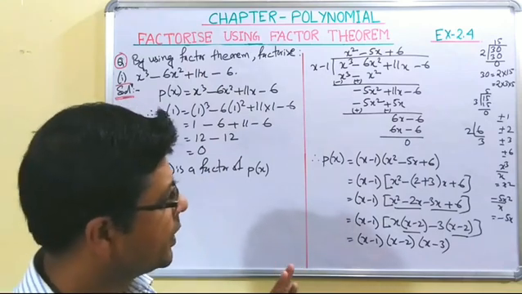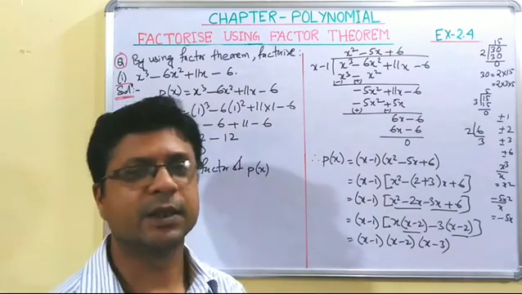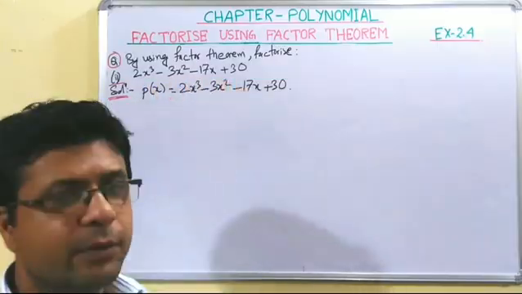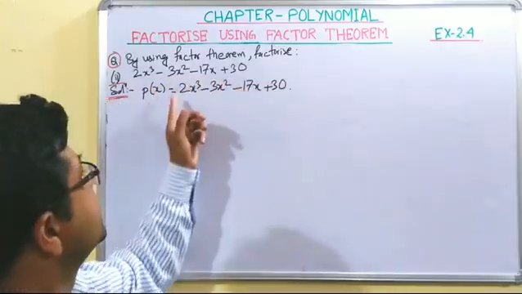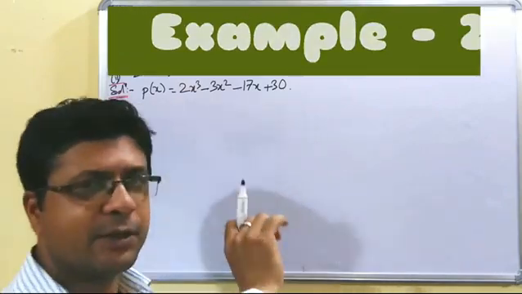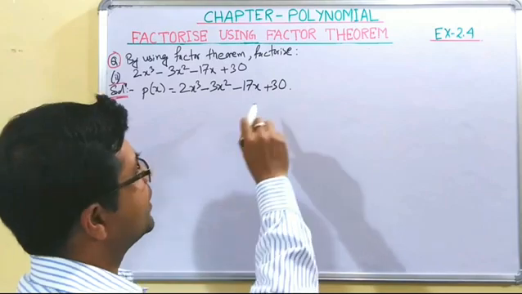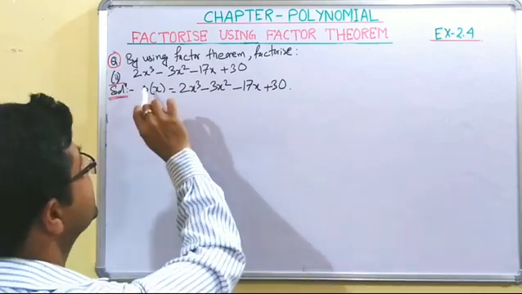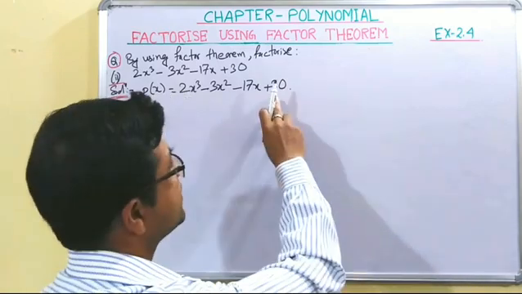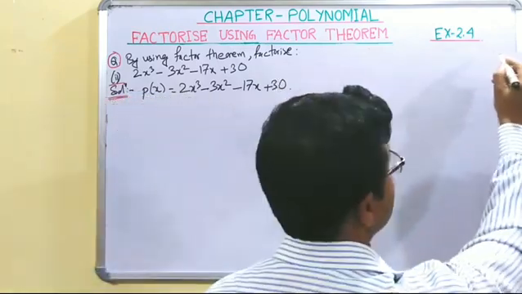Now to make it more clear, let us take one more example. Next, let's look at this polynomial, we have to factorize it. We represent this polynomial by px. So initially we have to know, as I told, by which integers we have to find the zeros. So we have to know all the factors of 30. What are all the factors of 30 here?